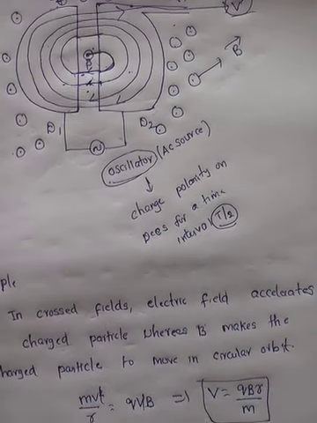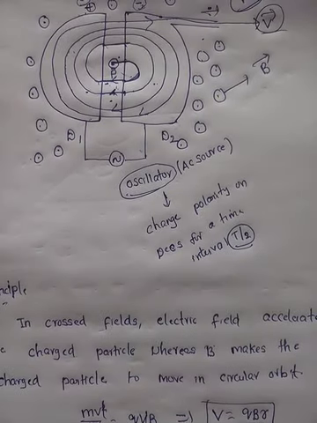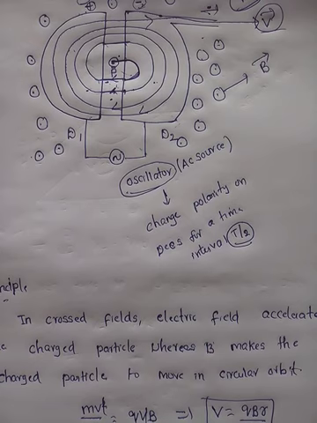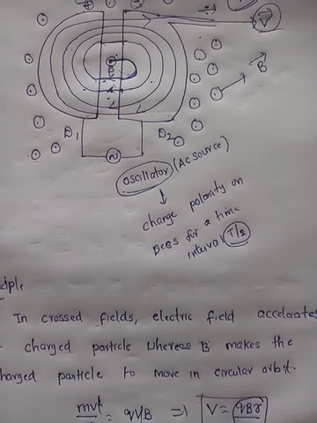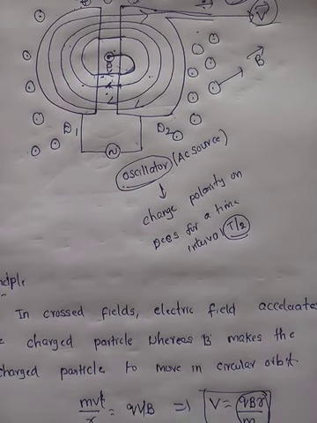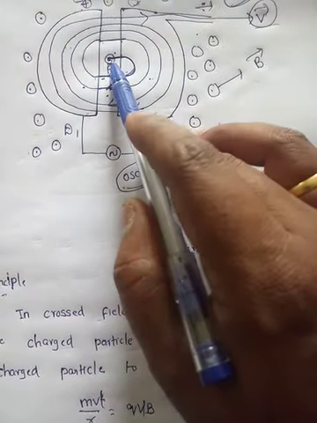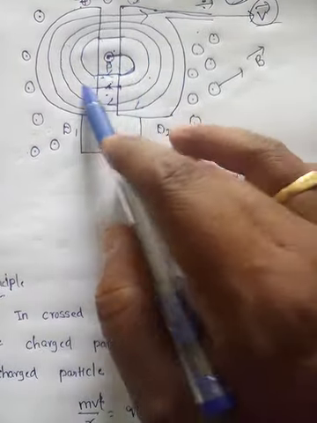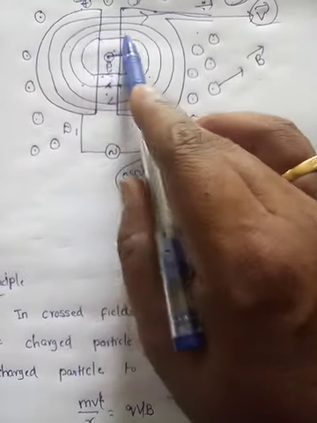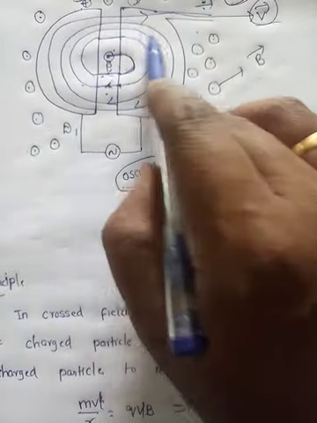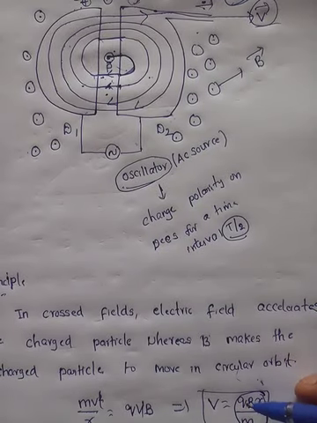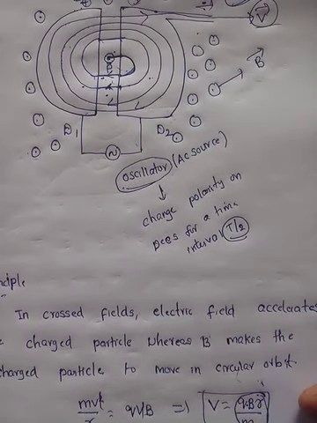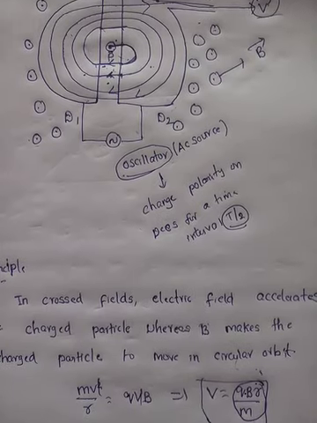Now the question is, sir, you said that we have to accelerate the charged particle. How do we accelerate it? See, V is equal to QBR by M. For every cycle, what do you observe? Does the radius of the circular orbit go on increasing or not? Charge of the particle remains the same, magnetic field is constant, mass of the particle is also constant, right?